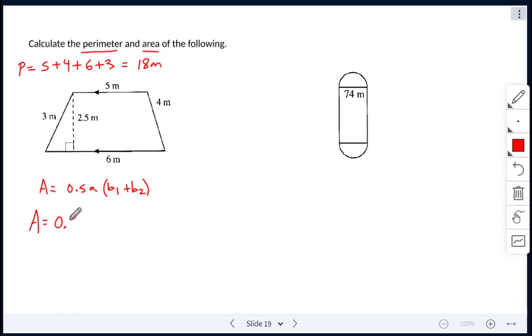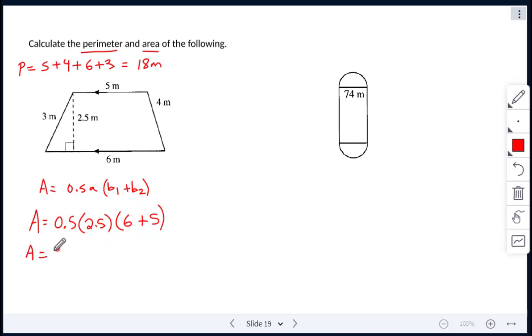So 0.5 times the A. A is our altitude there, which is 2.5. And then our base 1 is 6 meters, and our base 2 is 5 meters. All right, so next we have to work out what's in the brackets here.